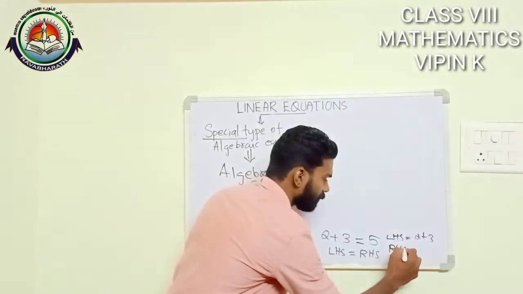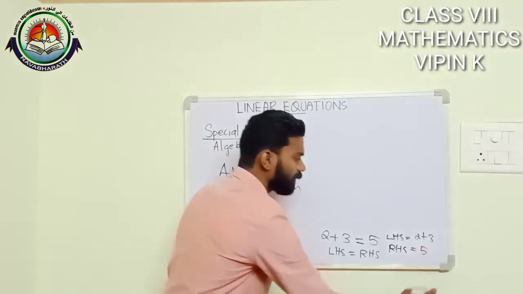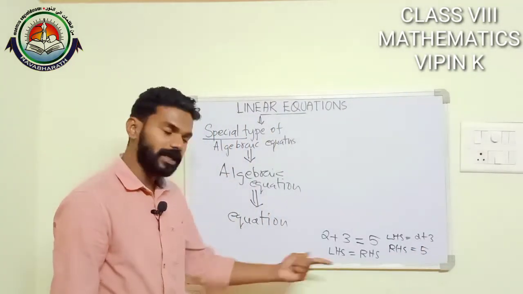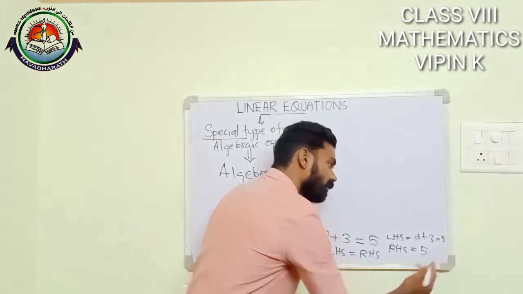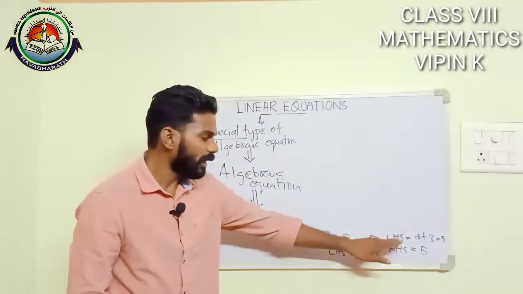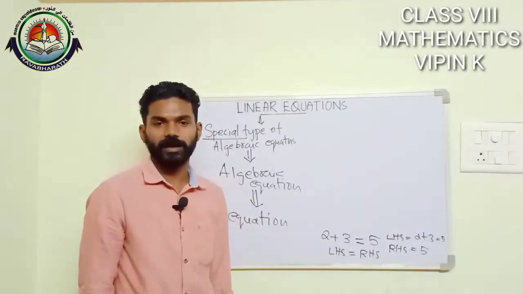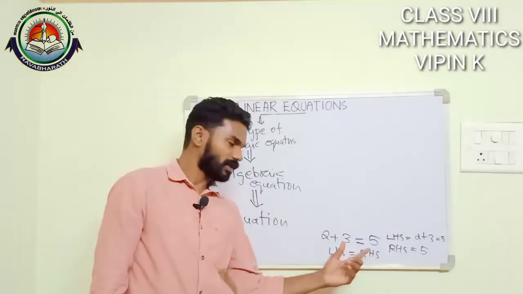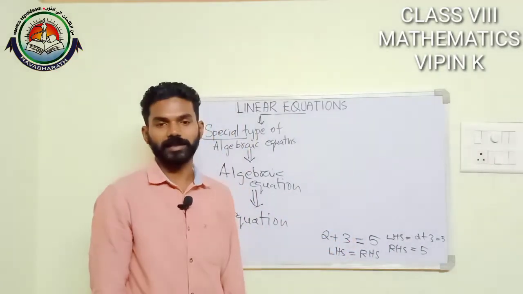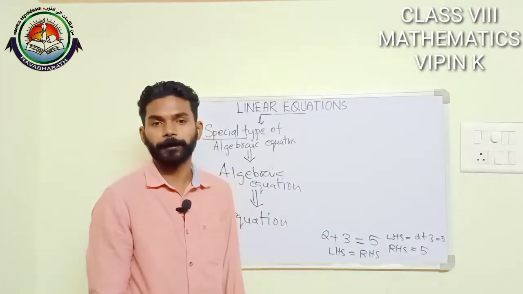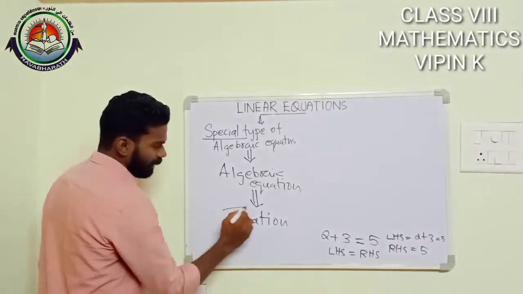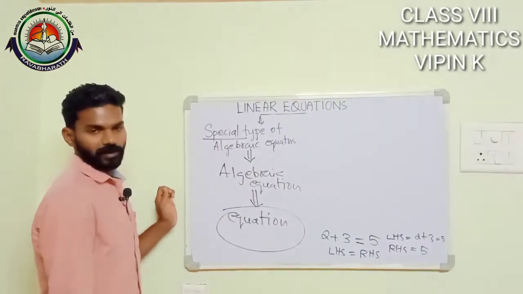The RHS is simply the number 5 itself. You know that the value of the LHS, 2 plus 3, is 5. So LHS and RHS are equal. That's why they are written using an equal sign, and we call it an equation. So the idea about an equation is clear now.